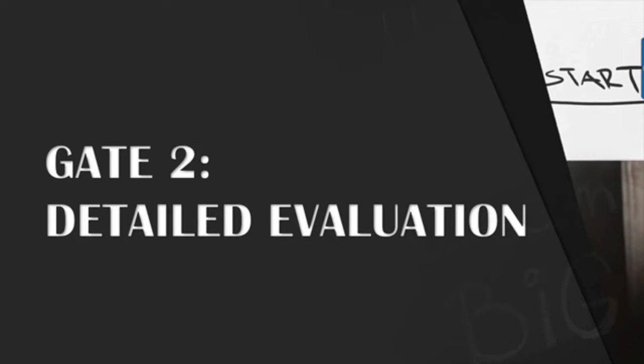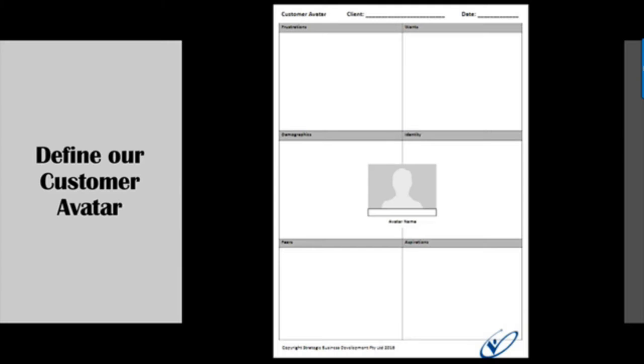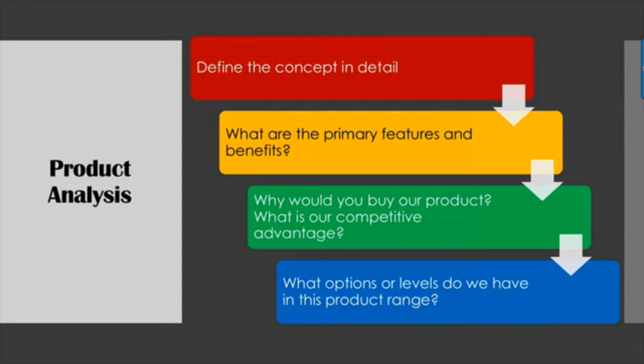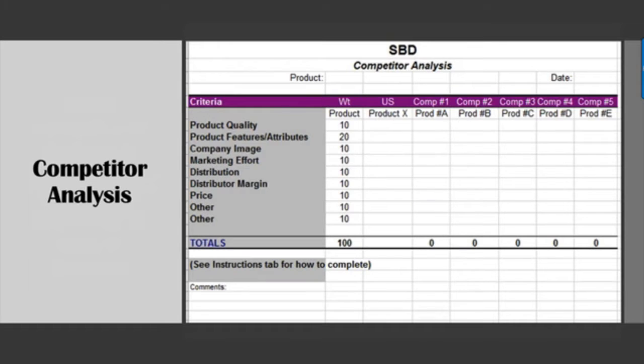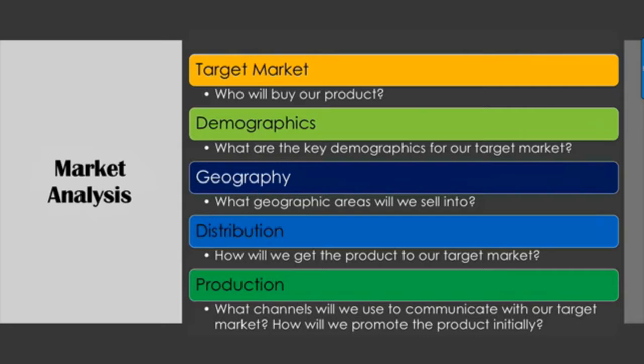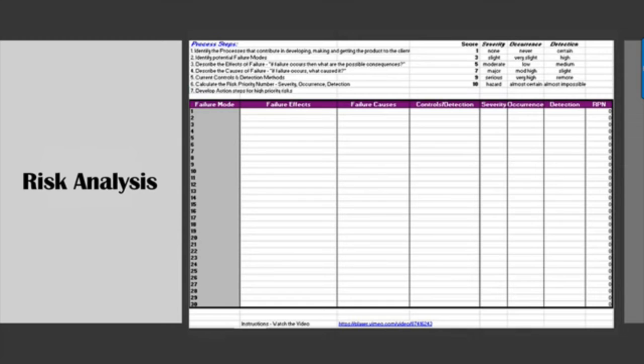If we've decided to move ahead at that point, we need to do a detailed evaluation. We define our customer really clearly. We look at the product and really break it down. We look at the business environment and pull it apart and ask what's happening in our business environment. We do a competitor analysis, a market analysis, a risk analysis. So we've got all these spreadsheets, all these things to do. Now, some of them you may decide not to do.